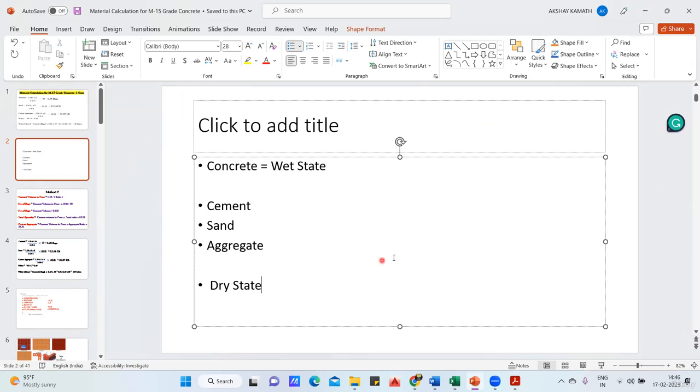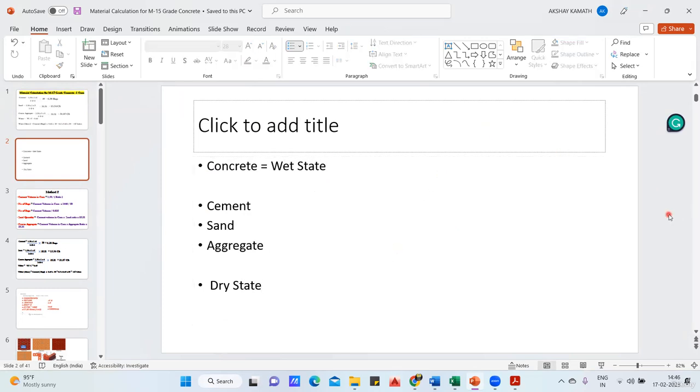Okay, always remember, whenever you convert wet into dry, your volume is going to increase. So what we are doing, we want to find the cement, sand, and aggregate from the concrete quantity, that is from the wet state. We are trying to find the dry state.